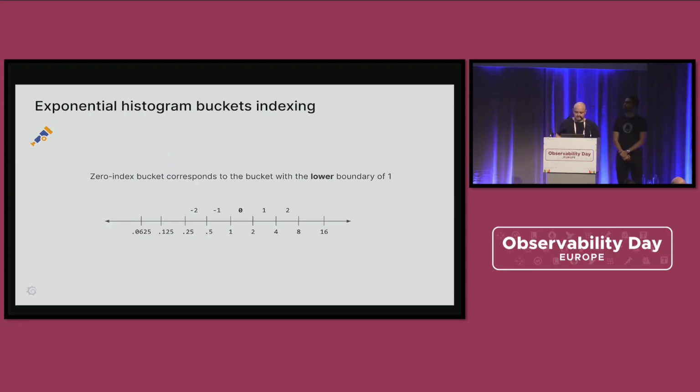But let's add some additional information and talk about bucket indexing. Exponential histogram buckets can also be accessed by index. It is really important to note that there is a 0 index bucket, and it corresponds to the bucket with a lower boundary of 1. We will need this information later.